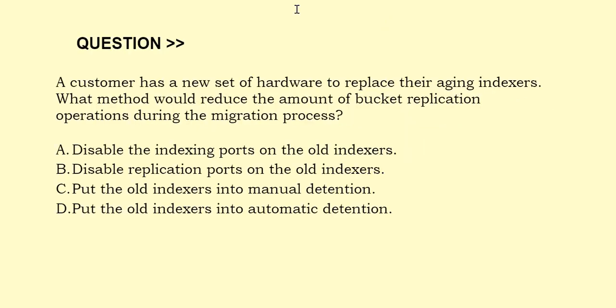A customer has a new set of hardware to replace their aging indexers. What method would reduce the amount of bucket replication operations during the migration process? Option A. Disable the indexing ports on old indexers. Option B. Disable replication ports on the old indexers.